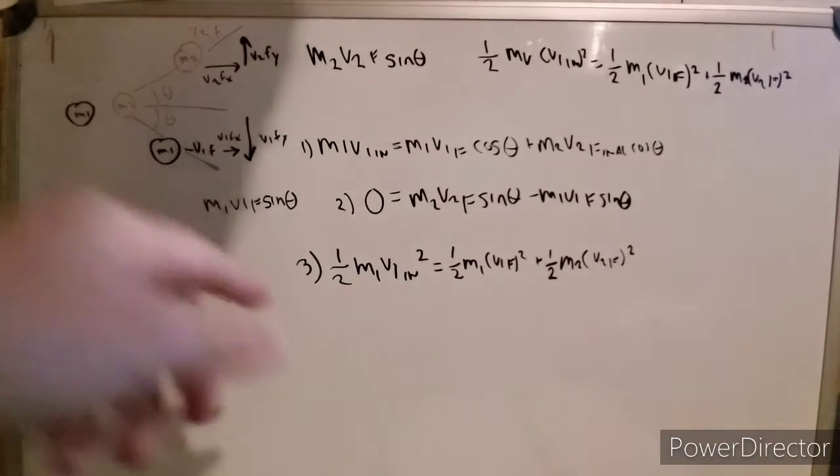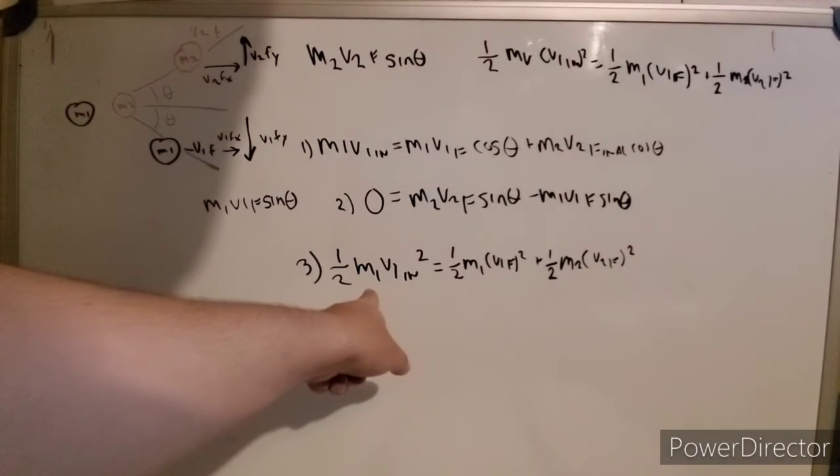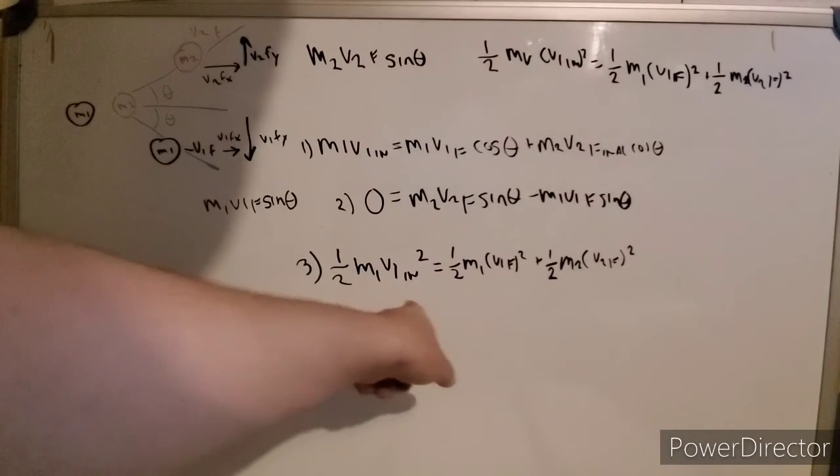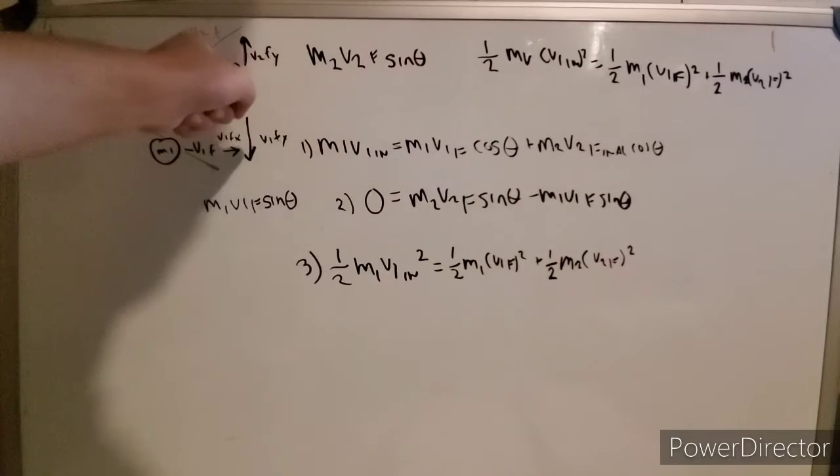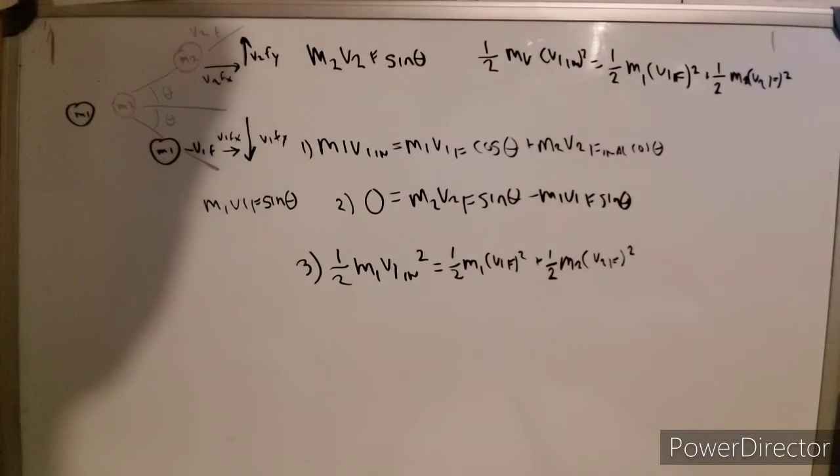This part here is the ball before it hits. This is for the ball at the bottom, which is right here, and this for the ball at the top, which is right here. And so now we have our three equations.